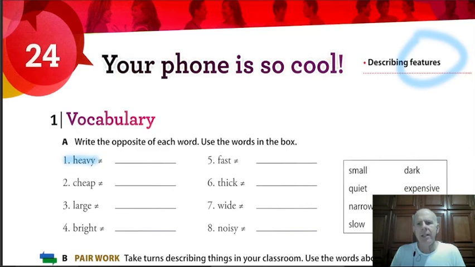Heavy, light, cheap, expensive, large, small, bright, dark, fast, slow, thick, thin, wide, narrow, noisy, quiet. Right? Well, we had much more than that.